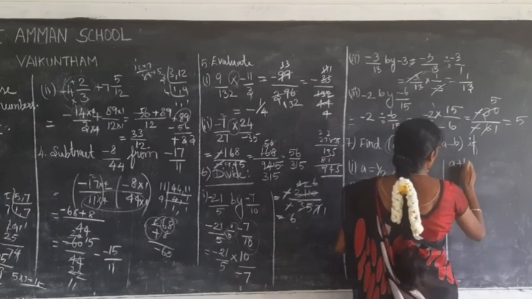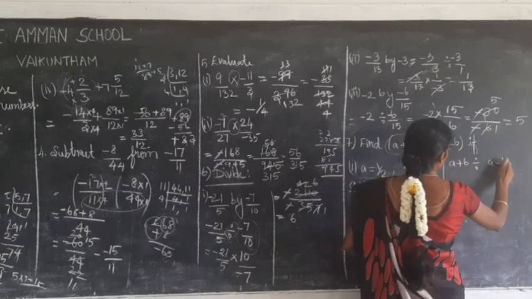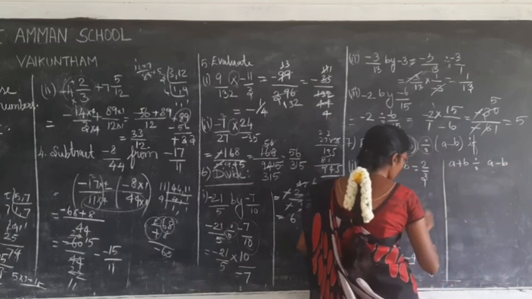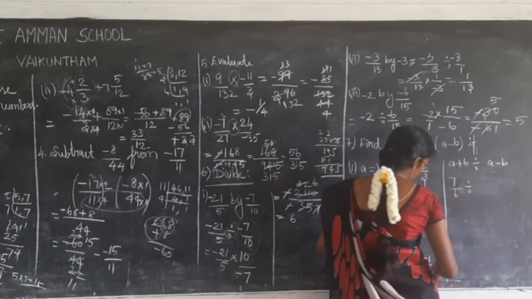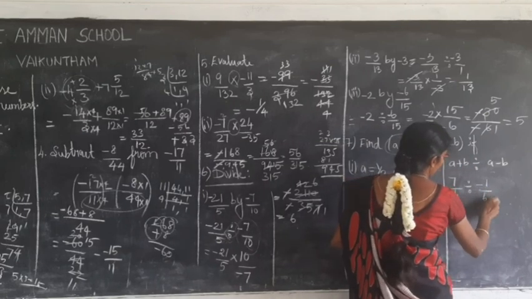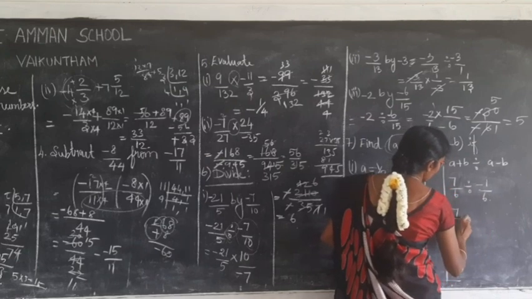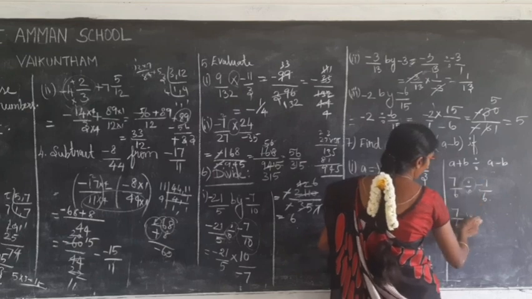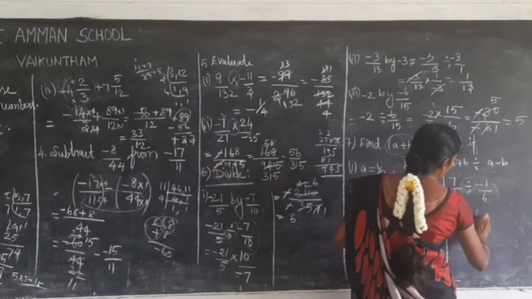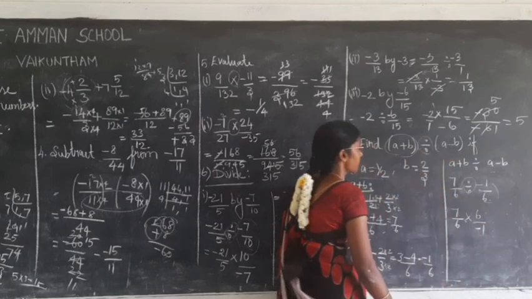A plus B is 7 by 6 divided by A minus B, which is minus 1 by 6. So 7 by 6, what is the rule? You have to put product instead of divide and you have to take the reciprocal. So 6 by minus 1.